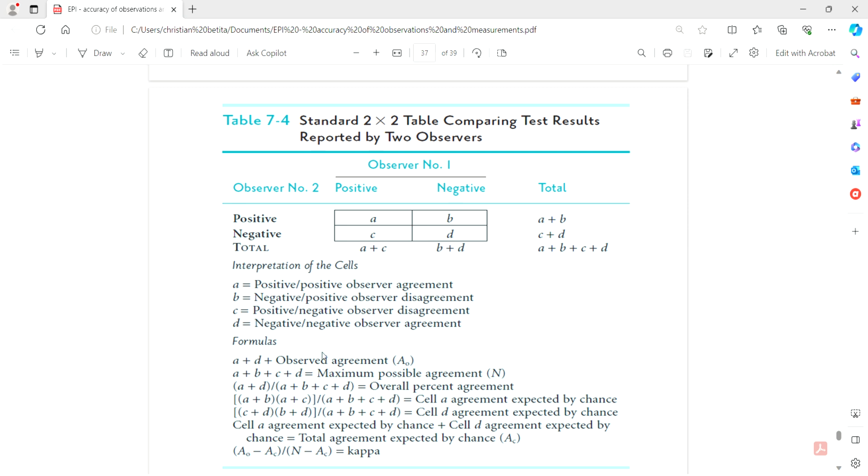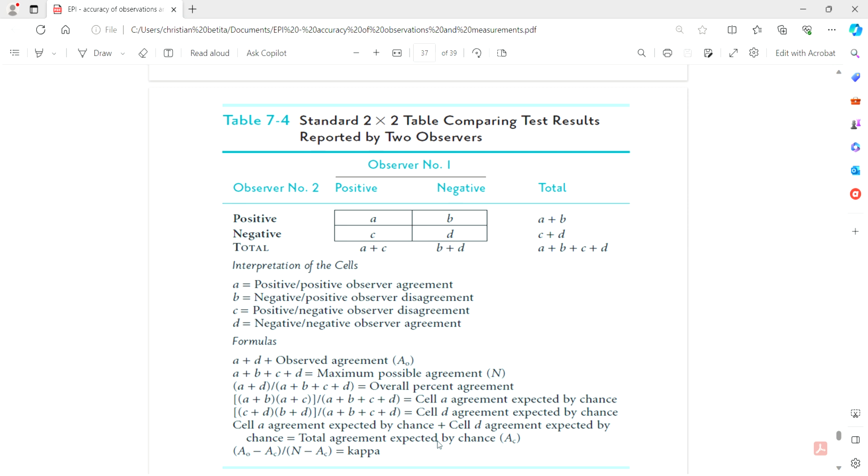So observed agreement is A plus D. Maximum possible agreement is A plus B plus C plus D. Overall percent agreement is the observed agreement over the maximum possible agreement. Cell A agreement expected by chance is this formula. Cell D agreement expected by chance is this formula.